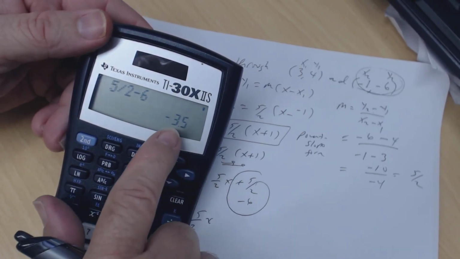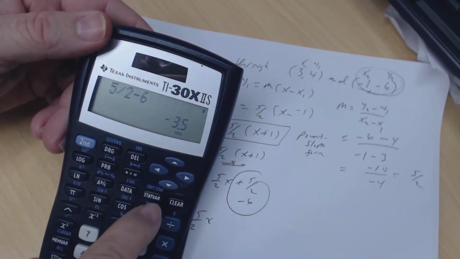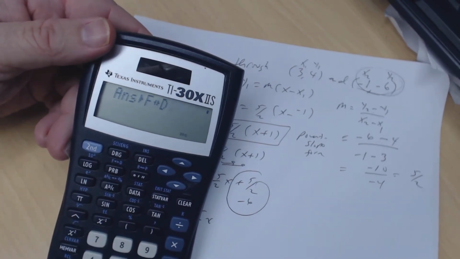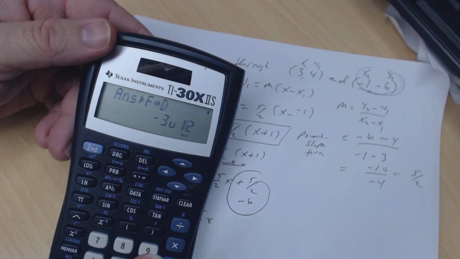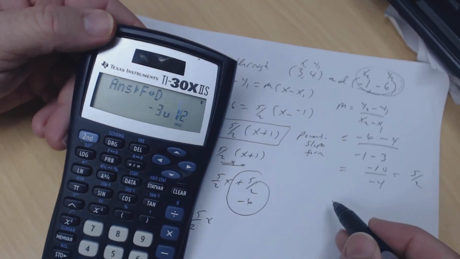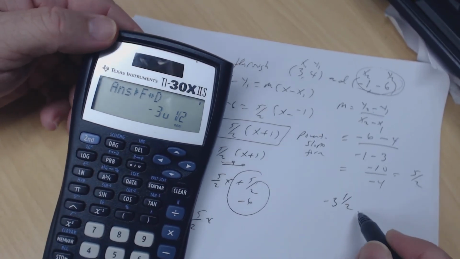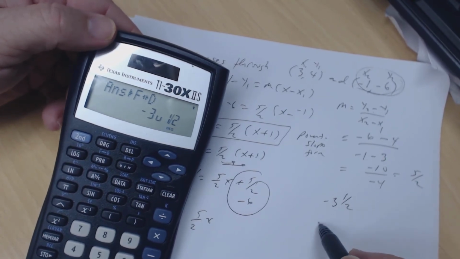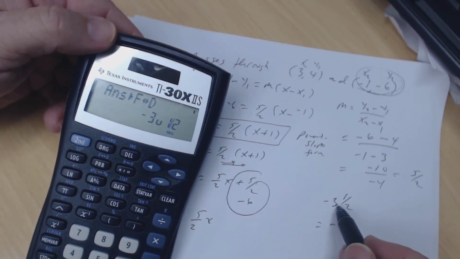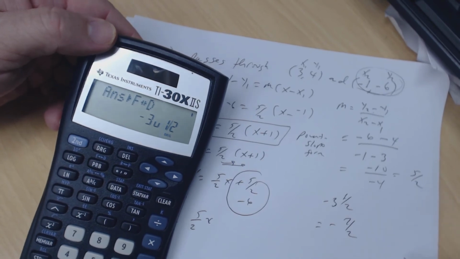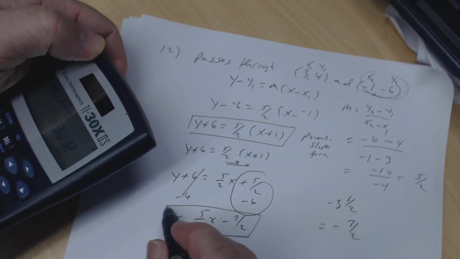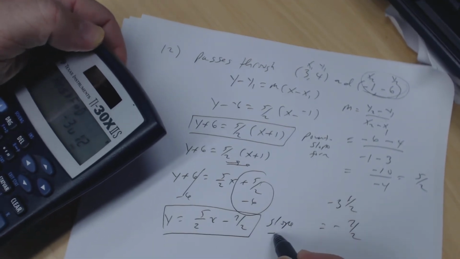But if you did not see that, then press second, fraction to decimal or decimal to fraction, press equal, and you get the mixed number. You just have to rewrite this as an improper fraction. So that's going to be a negative, 3 times 2 is 6, 6 plus 1 is 7. So it's -7 halves. So minus 7 halves. So that is slope-intercept form.